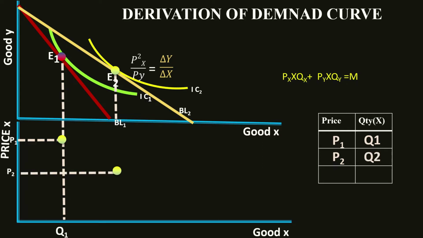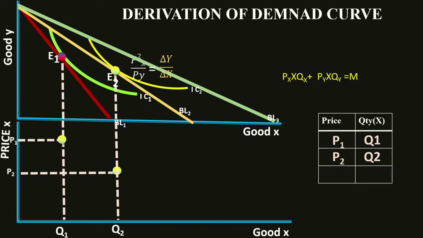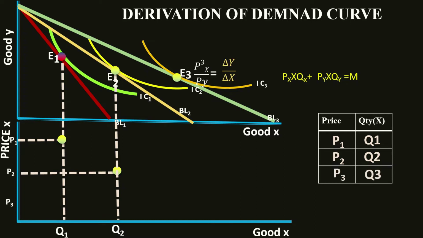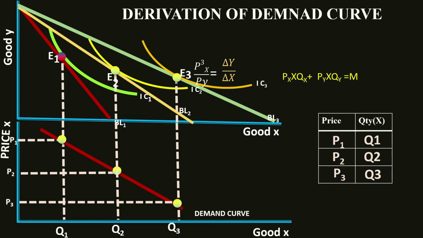Again the price decreases, the budget line shifts rightward, and at the new equilibrium point we find another price level and the corresponding quantity demanded. If we connect the three dots, we will get the demand curve.